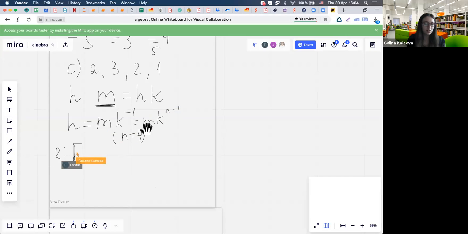H is 2 multiplied by our K. K is 4, yeah? To the minus first power. What is the minus first or third power of K? Which number should I take to be the inverse for 4?